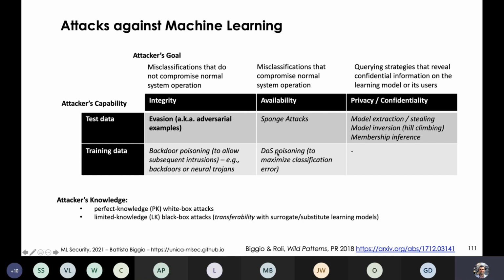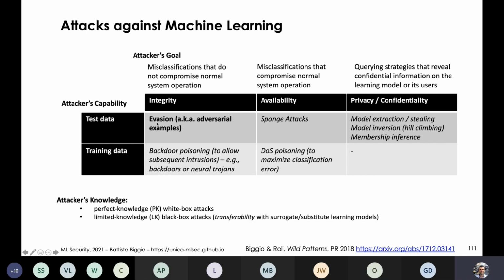In this case, the attacker compromises the training process of the learning algorithm, typically by injecting poisoning examples into the training data in a way that legitimate samples are misclassified. So this could be something like compromising a face recognition system such that legitimate users can no longer access it correctly. Okay, so this is an example.